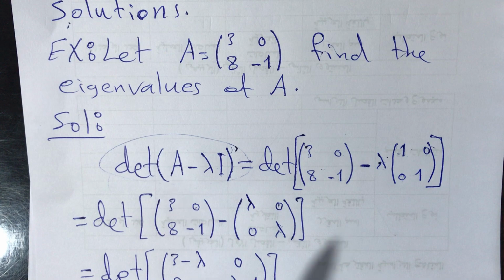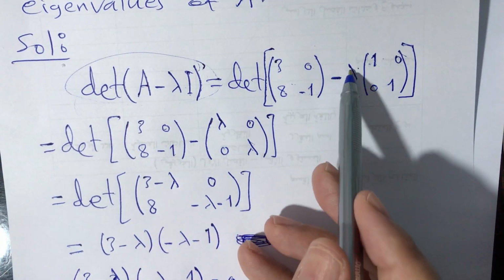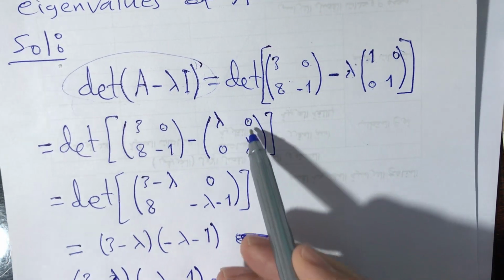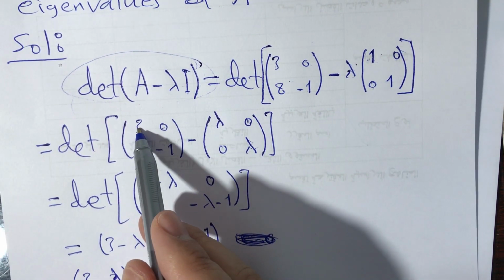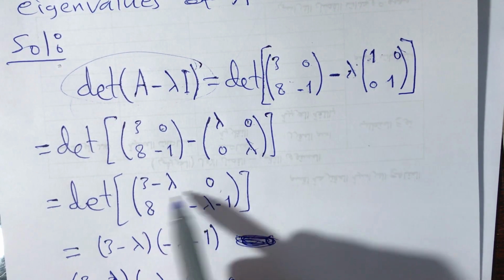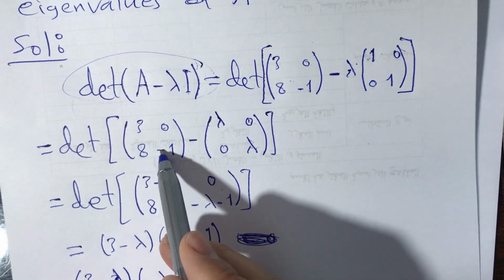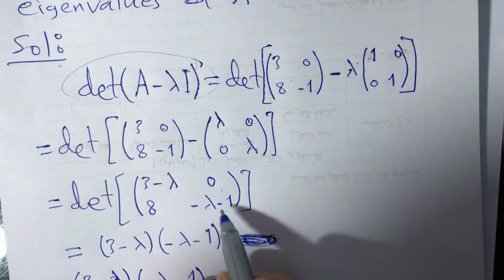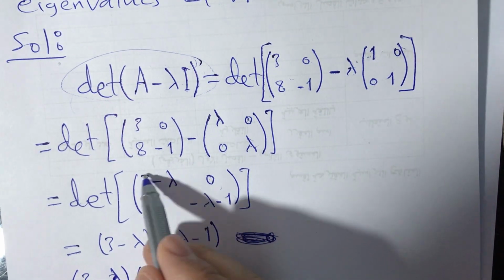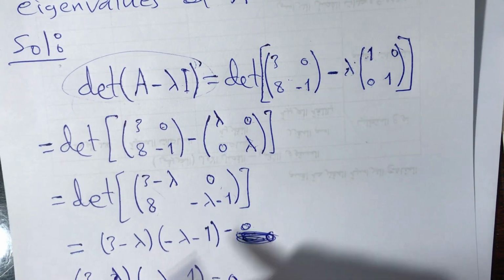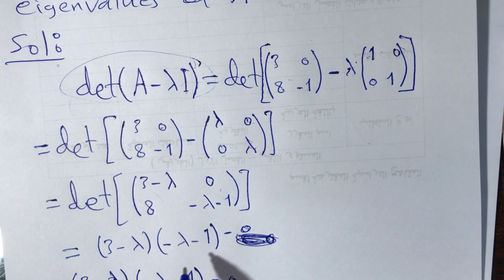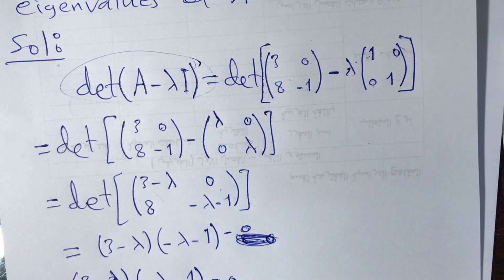Subtracting gives 3 minus lambda, 0, 8, minus 1 minus lambda. Since the upper right entry is 0, the other term is 0. We set the determinant equal to 0 by the proposition and find lambda 1 and lambda 2.